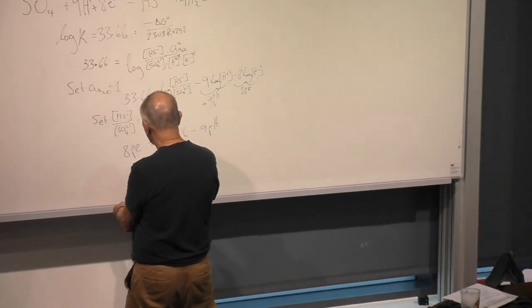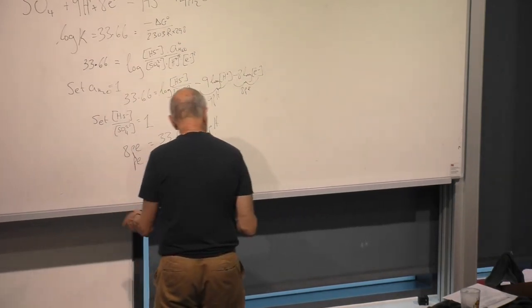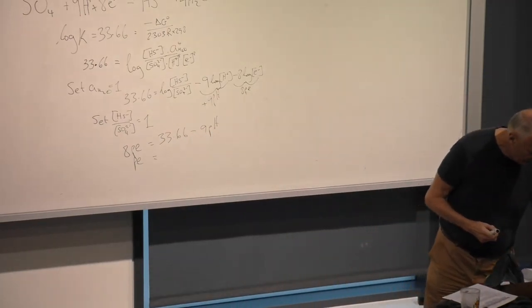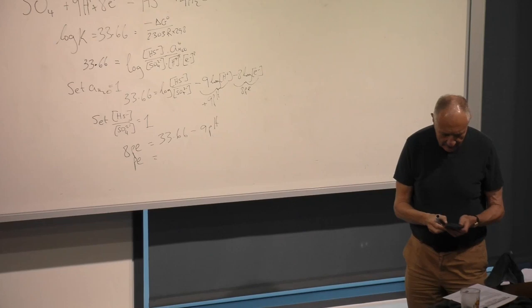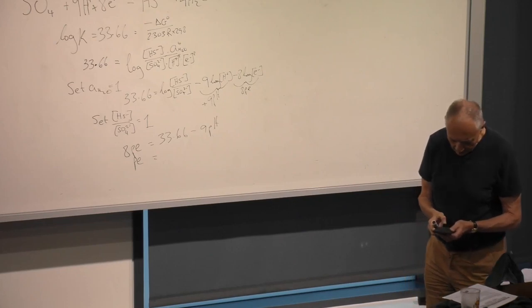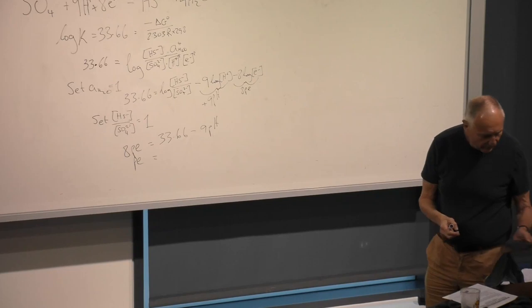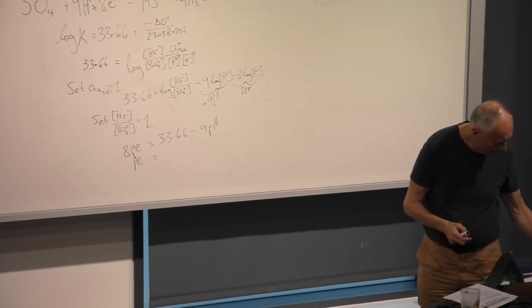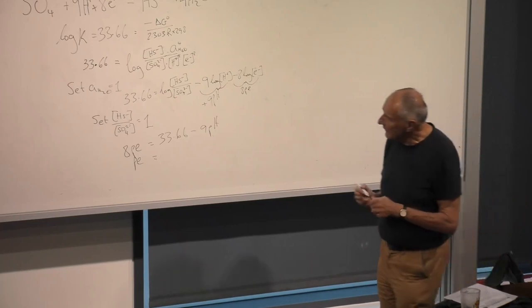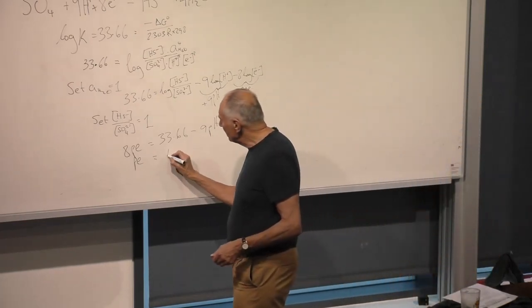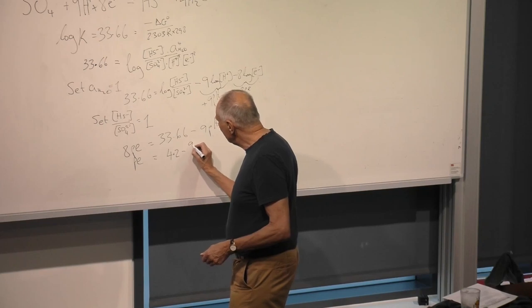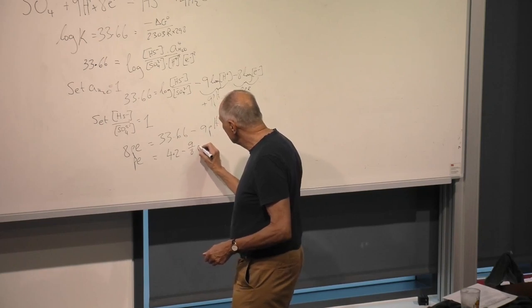Or PE is equal to 33.66 over 8, which is 33.66 divided by 8, 4.2. What have I got here? 4.2, yeah, okay. 4.2 minus 9/8 pH.